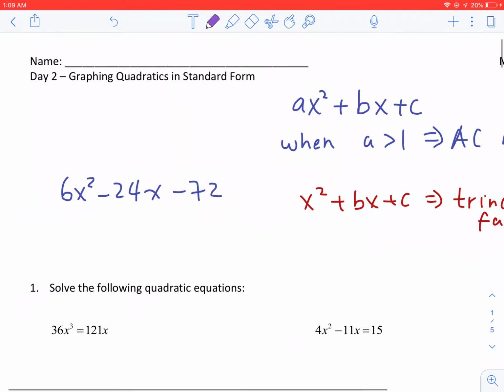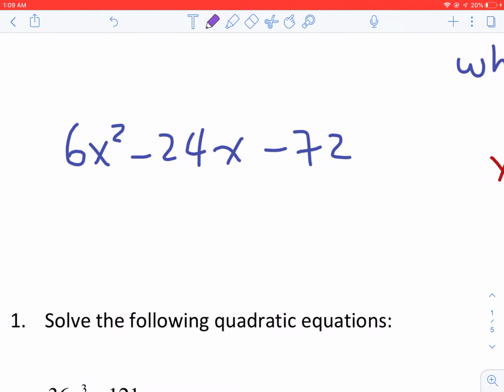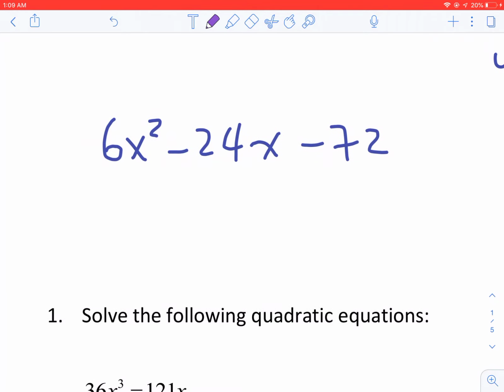But in fact, like we've said many times, the first step when factoring is to always look for a GCF. So 6 is actually a GCF here. 6 goes into 24 and also goes into 72. So if you factor out the 6, you get x squared minus 4x minus 12.